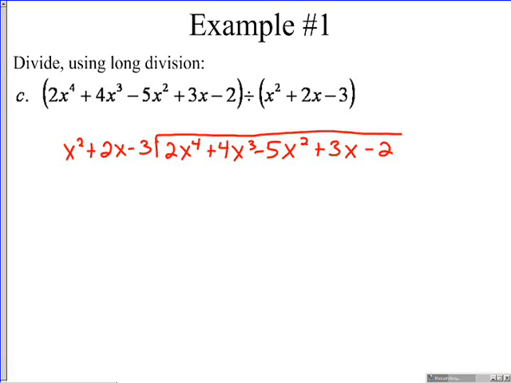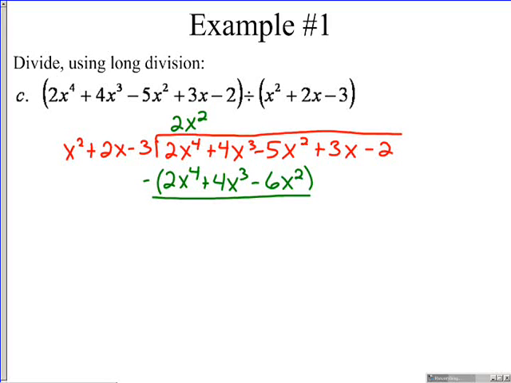Remember, you're only looking at the first term here, so I'm only looking at the x squared. What times x squared equals 2x to the 4th? 2x squared. Multiply. We need to distribute it to all three terms in our divisor. We get 2x to the 4th plus 4x cubed minus 6x squared.